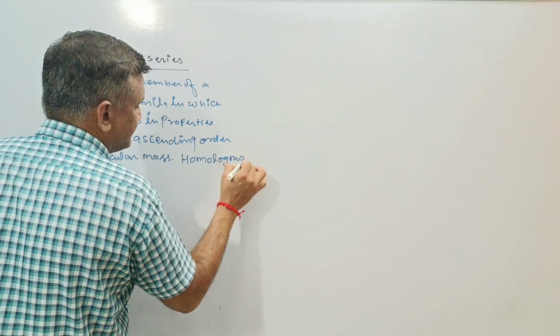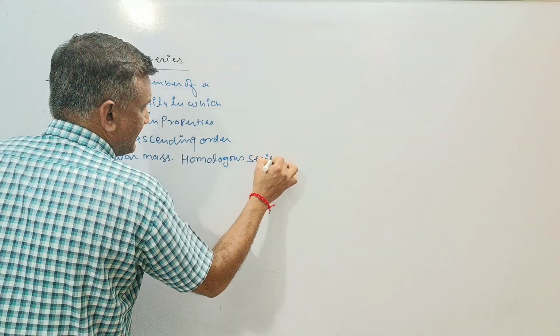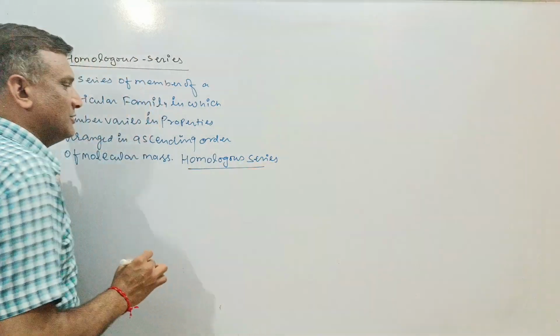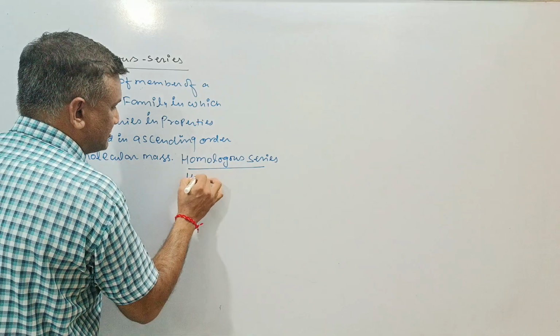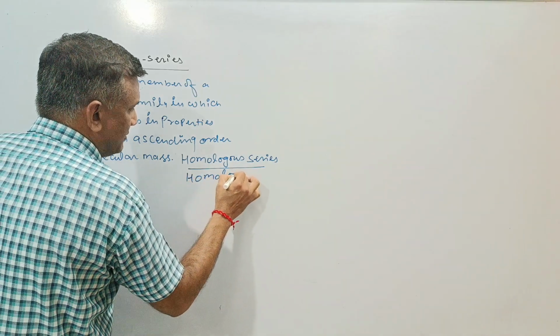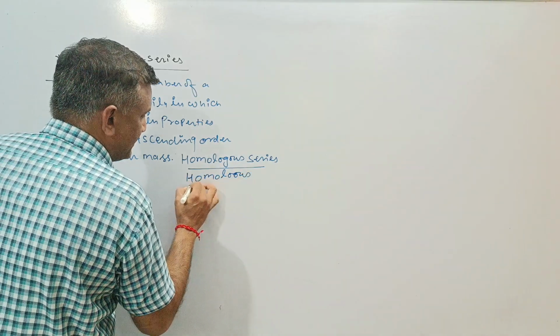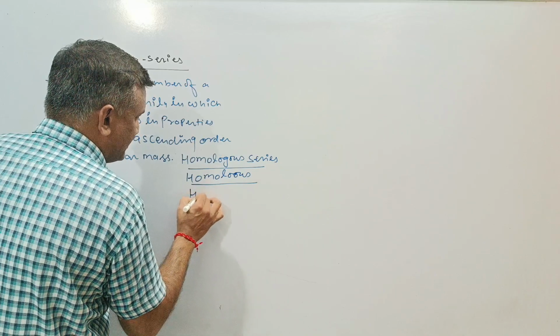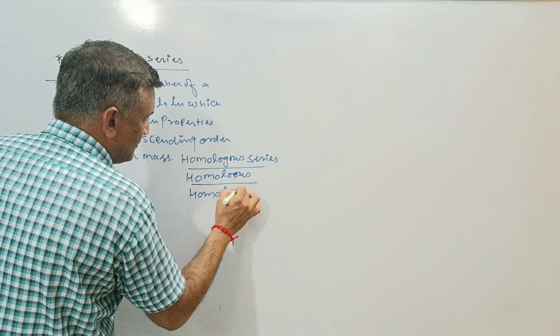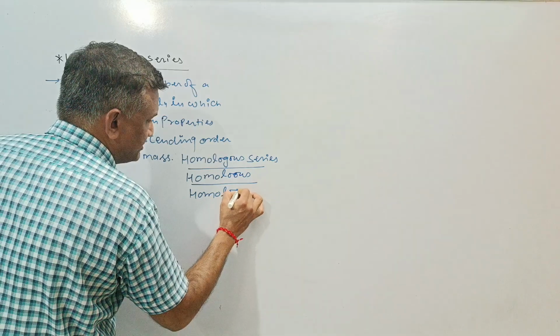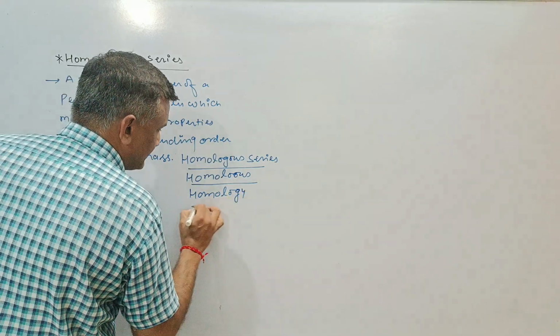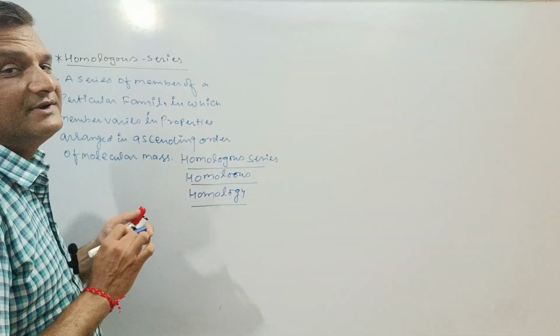The members of the homologous series are known as homologs, and this property is called homology. So this was about the homologous series.